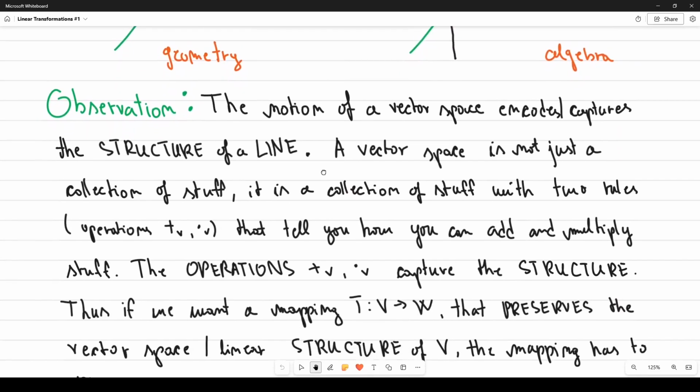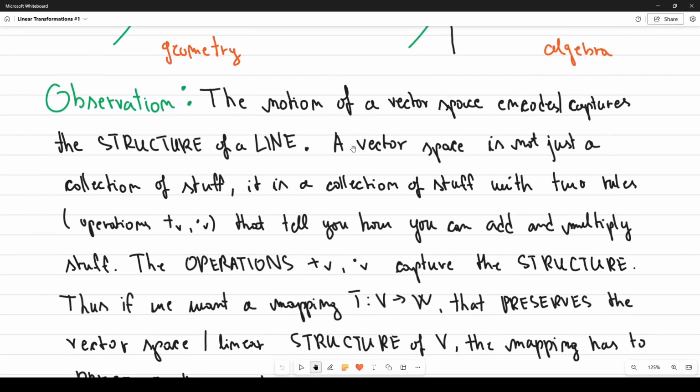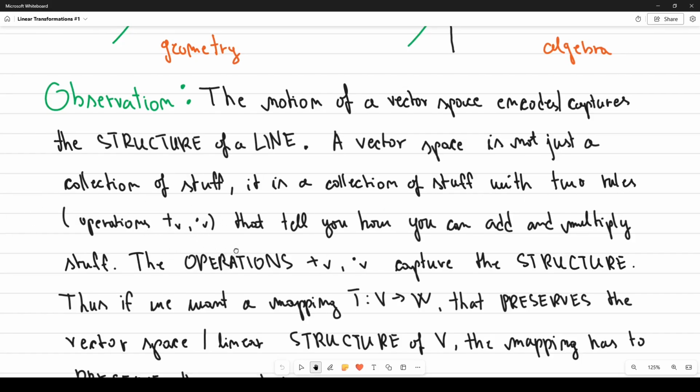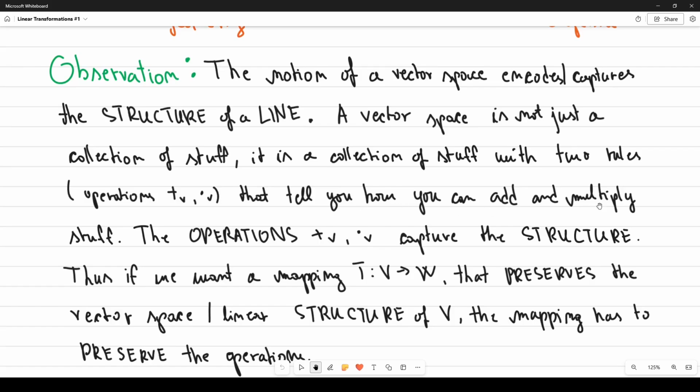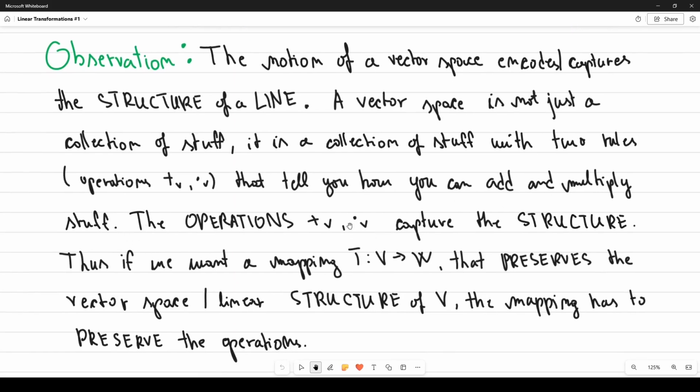Now, the notion of vector space captures the structure of a line. A vector space is not just a collection of points, it is a collection of stuff with two rules, or operations, of addition and scalar multiplication, that tell you how you can add and multiply stuff. The operations capture the structure.